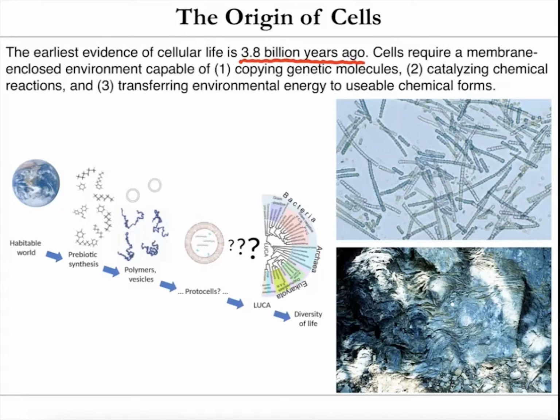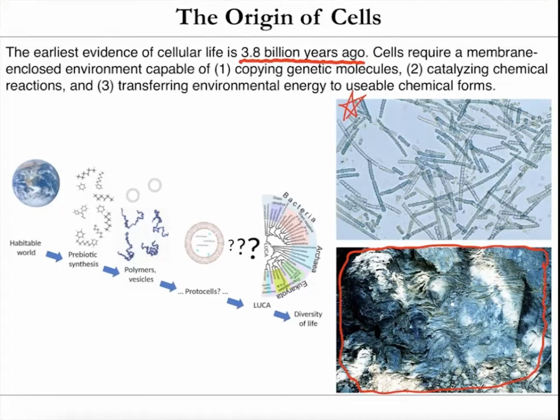The evidence for this comes from fossilized remains called stromatolites, which are fossils that arise from the fossilization of cyanobacteria. These are very simple forms of life. Well, not so simple, but these are the earliest forms of life that we have evidence of, at 3.8 billion years ago.